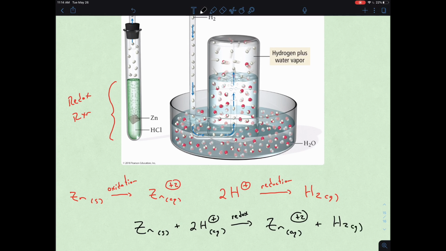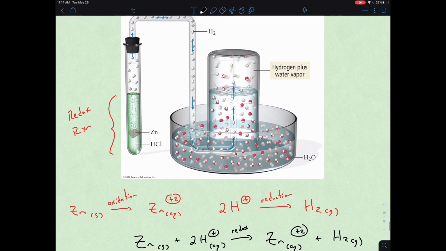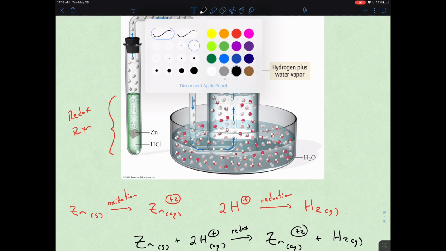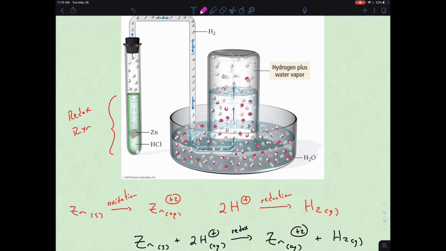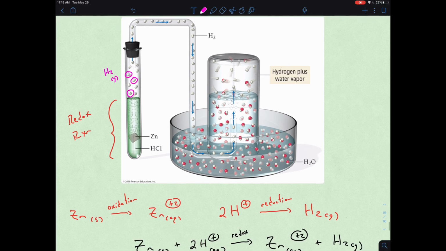And so notice that we're producing hydrogen gas. So the zinc turns out to just simply dissolve. It turns into zinc +2 and goes into solution. And then we have our hydrogen molecules here being produced. And those hydrogen molecules travel up this sealed container down this tube, and the tube actually runs into a container that's submerged within water.